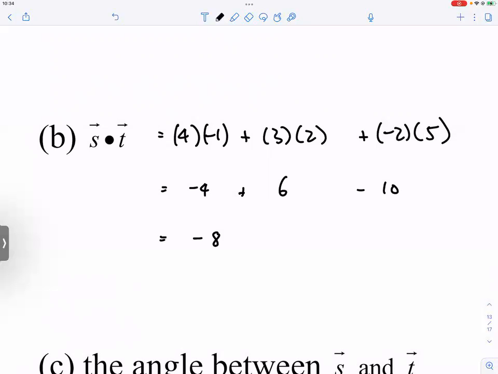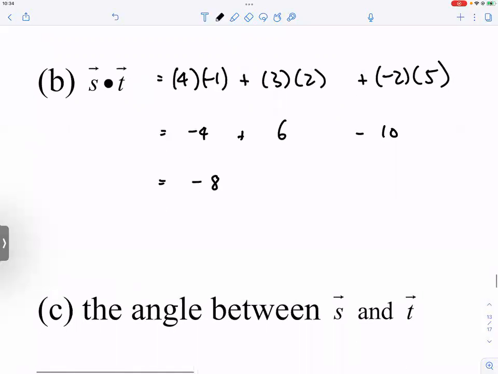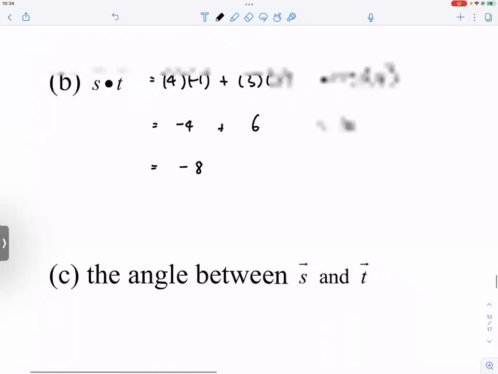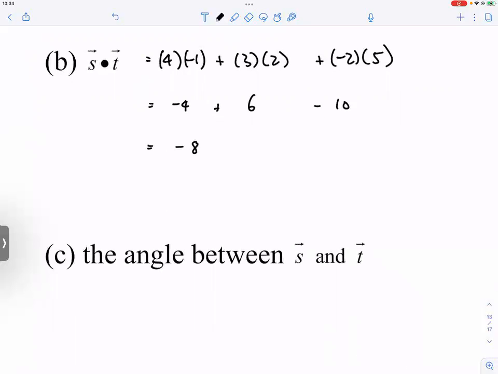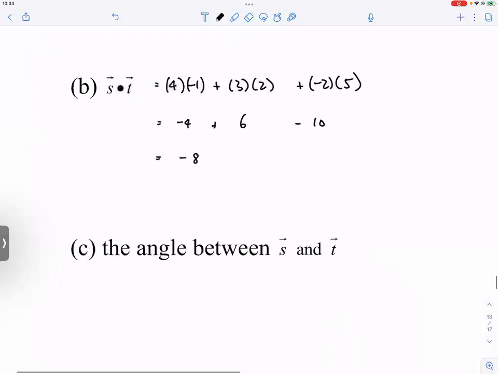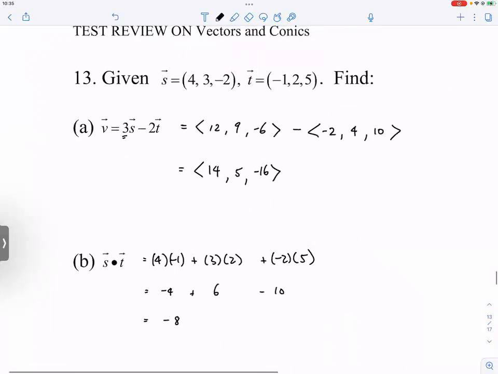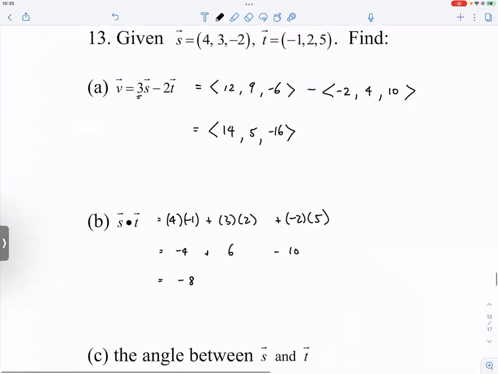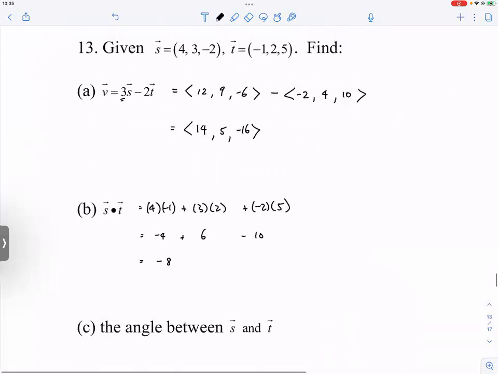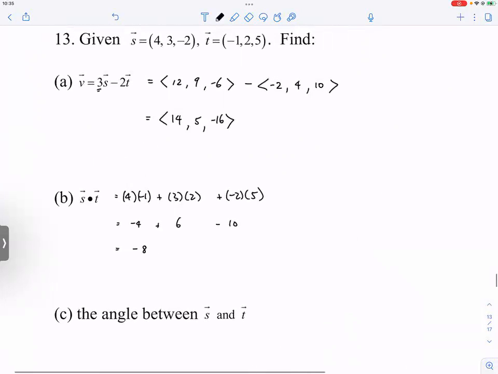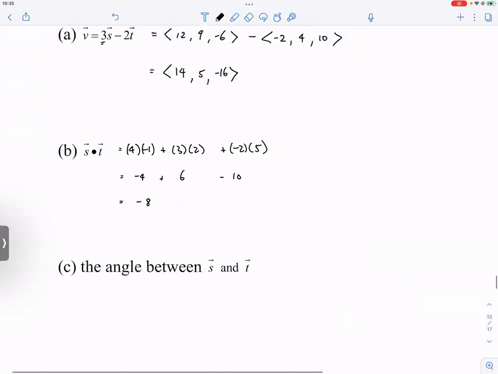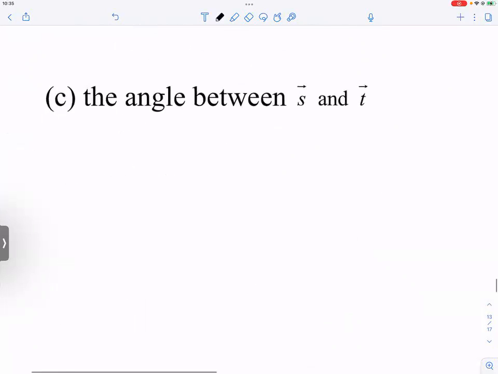So again, nothing too fancy. It's just one extra slot. So you just extend your work process a little bit more. And then we say, all right, could you please find the angle between S and T? Now it's a 3-dimensional vector, but still 2 vectors, and we could find out the angle. Well, the way we found out the angle, it's the same equation. What's the equation for the angle?